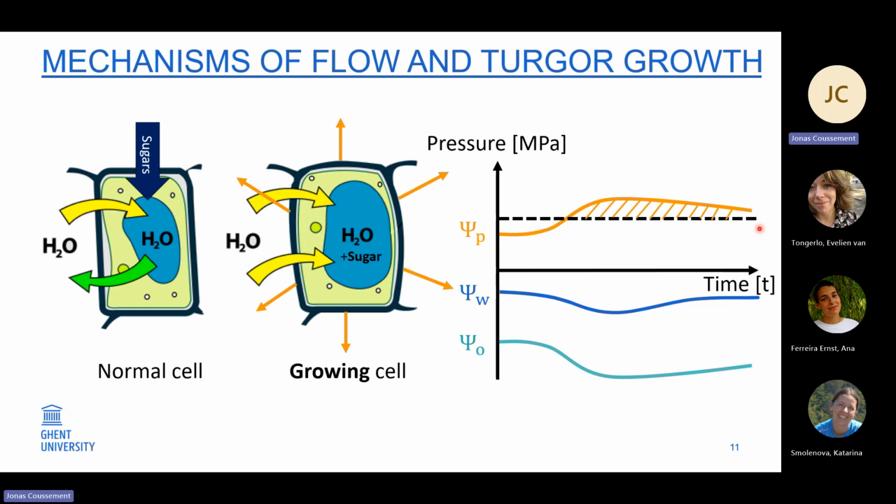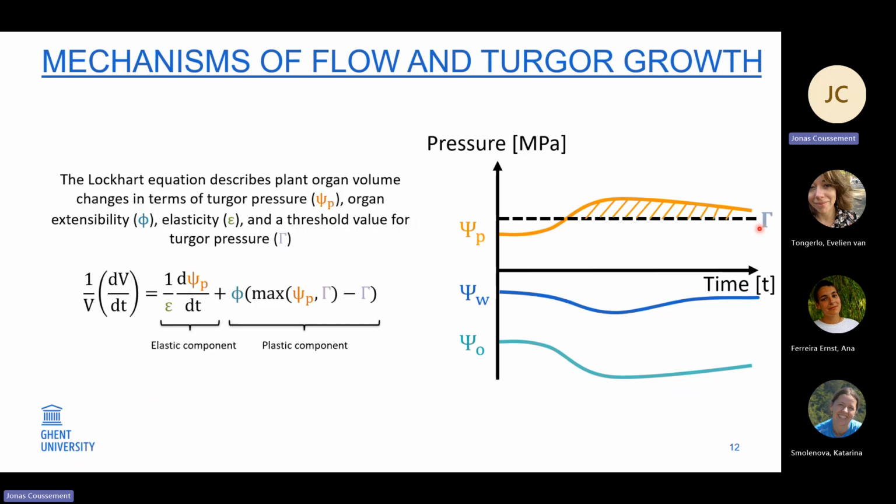So the first part of the turgor pressure variations is causing an elastic component. The plant cell can shrink and expand elastically, but once we exceed a certain threshold, it starts creating new cell wall material and it starts growing. And this principle is captured in a well-known equation called the Lockhart equation.